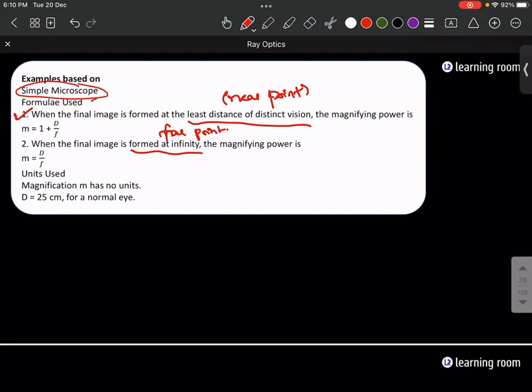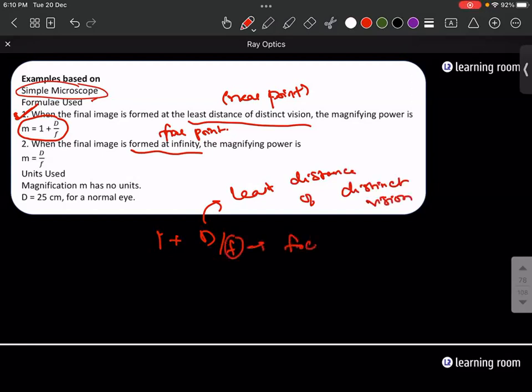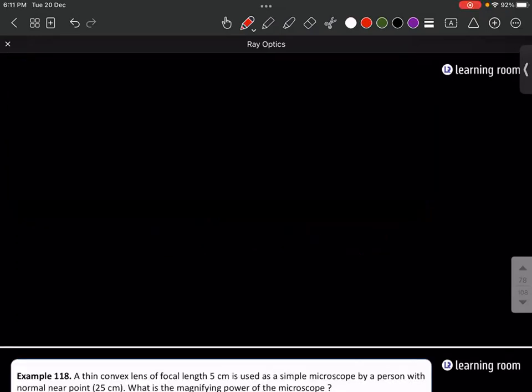For a simple microscope, the magnifying power is given as 1 plus D divided by f, where D stands for the least distance of distinct vision and f is the focal length. When the image is formed at infinity, the magnification is D divided by f. For capital D, we take the value as 25 for a normal eye, unless mentioned in the question.